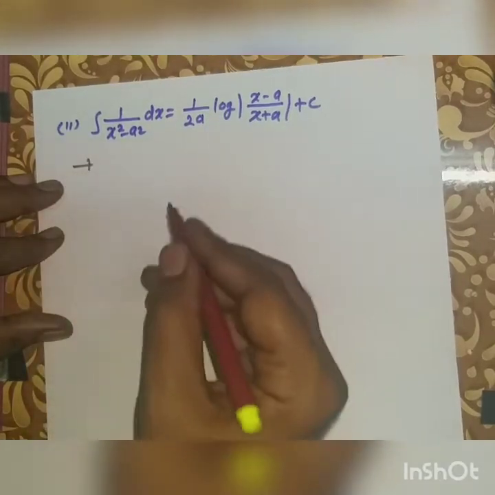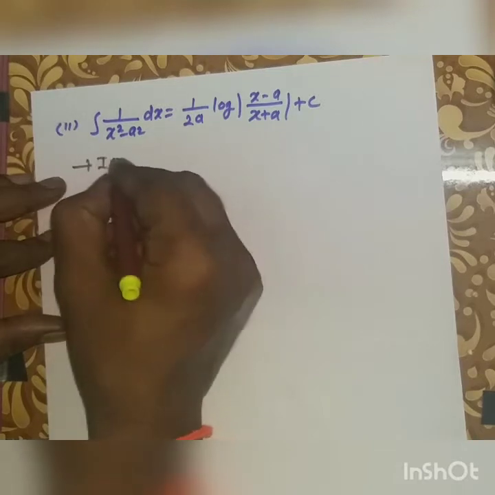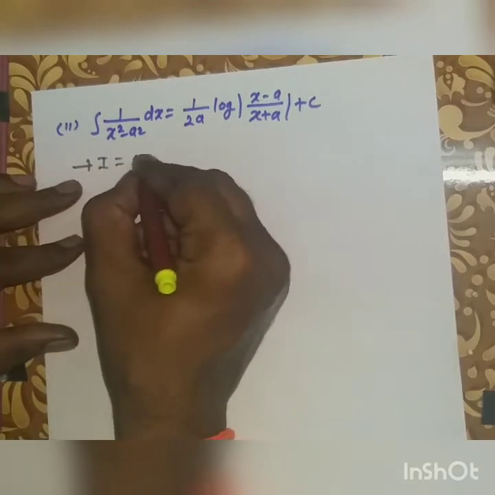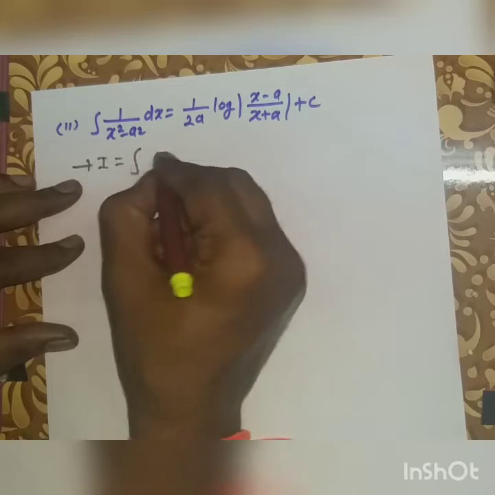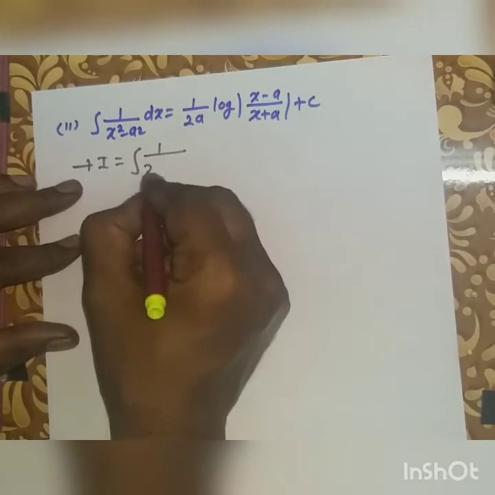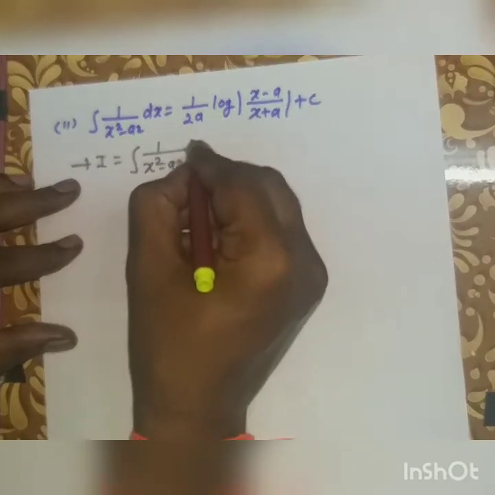Here we cannot apply the substitution because the left hand side is the subtraction of two squares, so factorize this. 1 divided by x square minus a square dx.